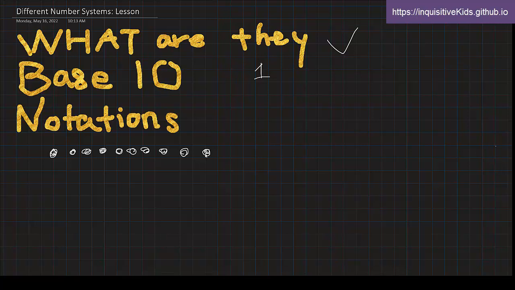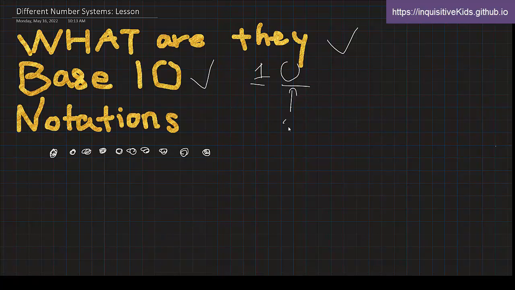Do we have some sort of weird symbol for 10? Well, in some number systems, maybe. But in our base 10 number system, we just add another 0 behind it. What this means is that there are different place values, right?